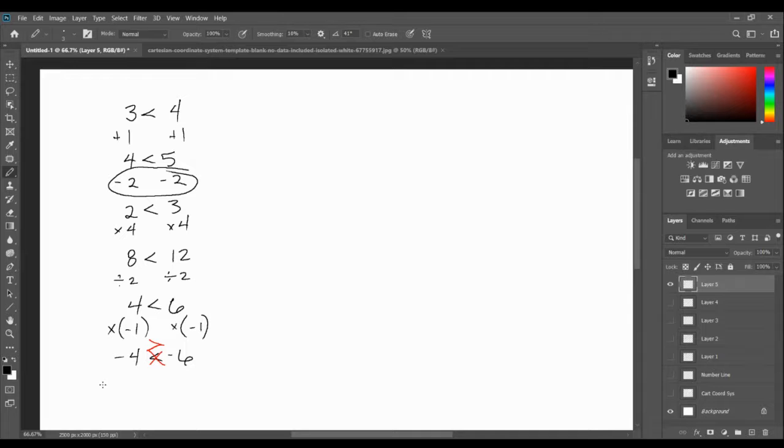If I go ahead now and divide by negative 2, I get 2. Let's keep that changed symbol, greater than 3. Now that's false. So I'll have to reverse that symbol to keep it true. So if I multiply or divide by a negative, I have to flip that symbol around.